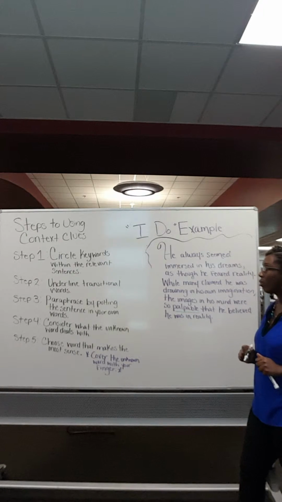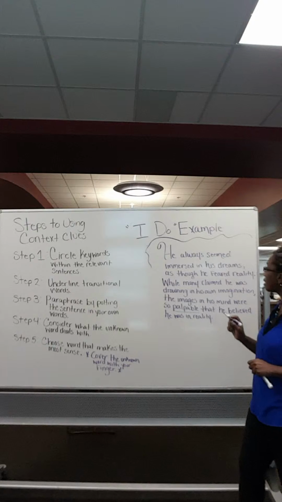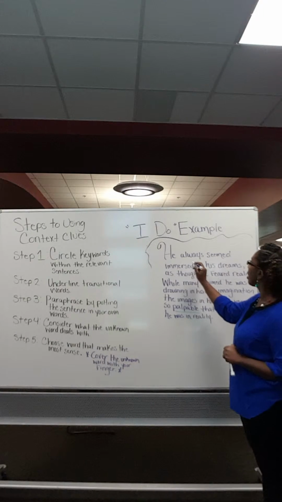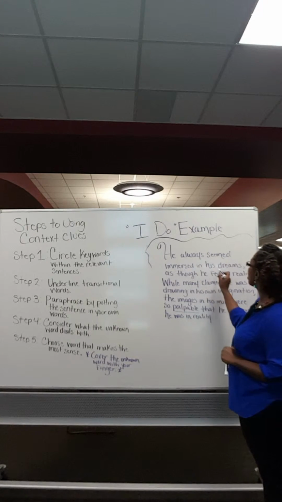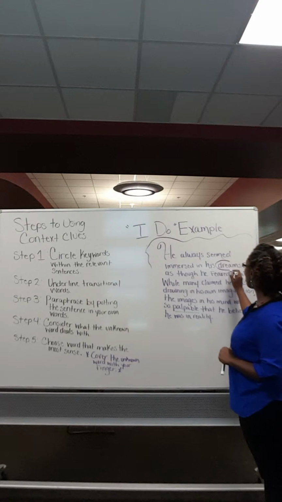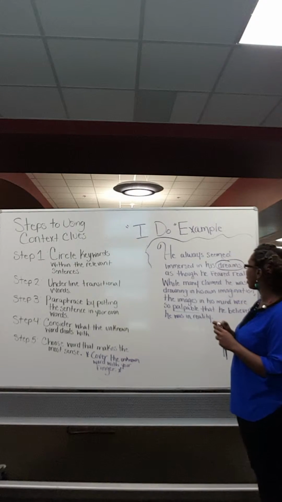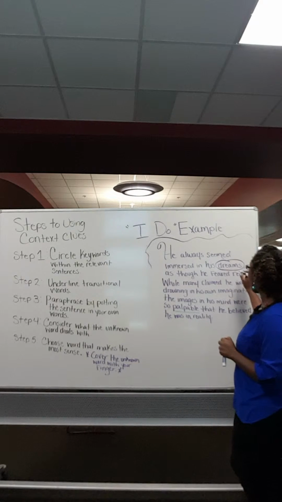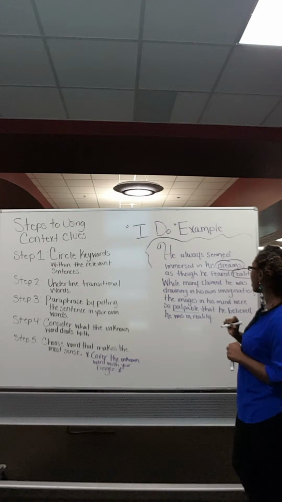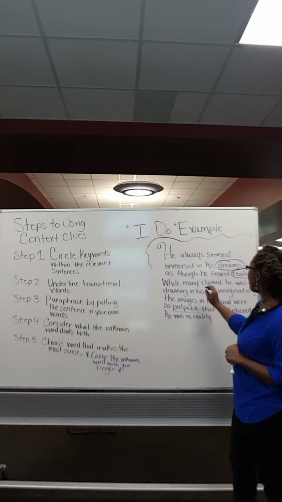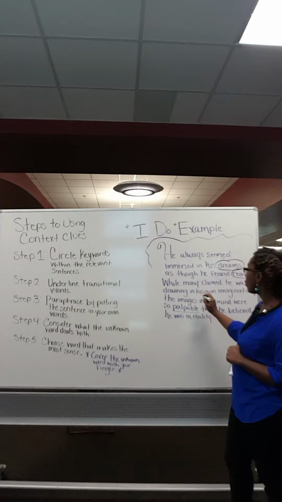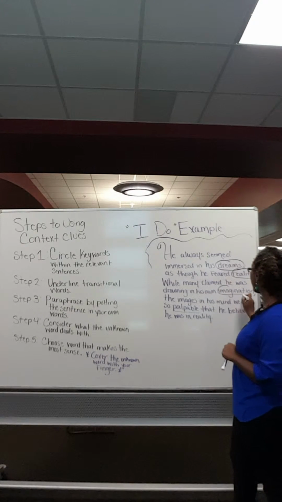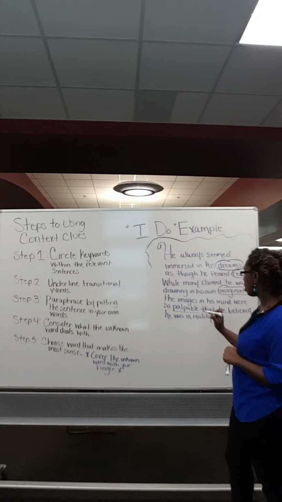Step 1, circle keywords within the relevant sentences. So I'm going to say he always seemed immersed in dreams. We're talking about somebody who is living in their dreams as though he feared reality. So those are keywords I'm going to pay attention to. While many claimed he was drowning in his own imagination, okay, this deals with dreaming and reality again.